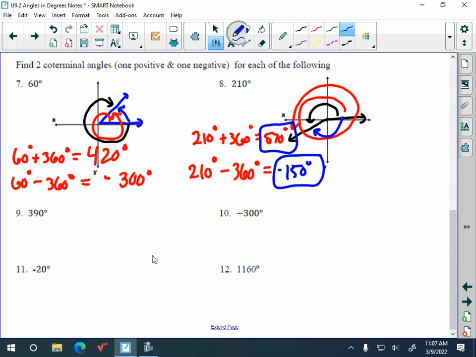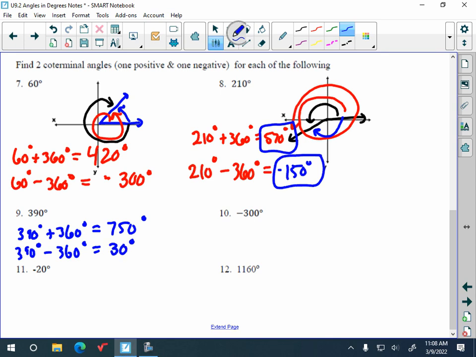All right, so now let's go ahead and find one positive, one negative for each of these. Starting at 390, you could add 360. 750. That's a positive one. We could take 390, subtract 360. That would be 30.